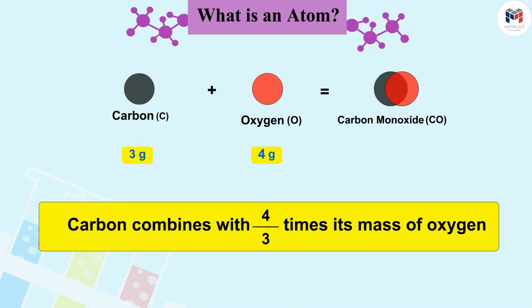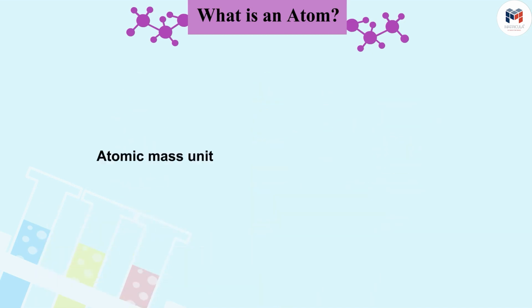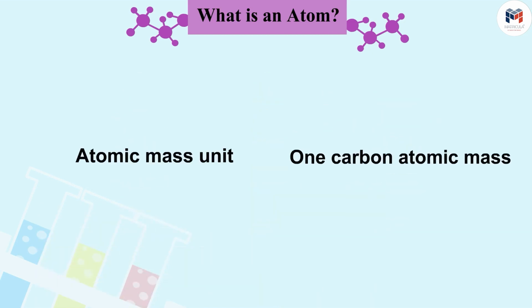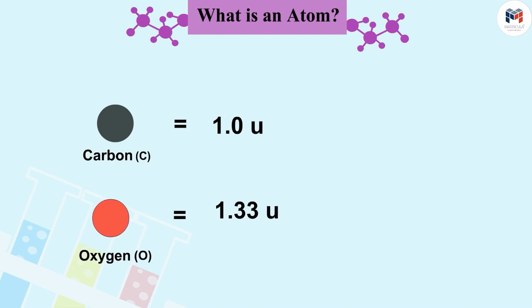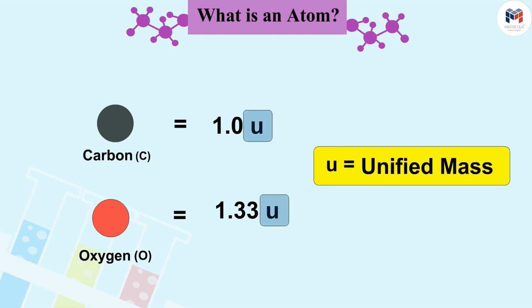Now, if we consider atomic mass unit to be equal to 1 carbon atomic mass, then we will assign carbon atomic mass to 1.0 U and oxygen atomic mass to 1.33 U, where U is the unified mass.